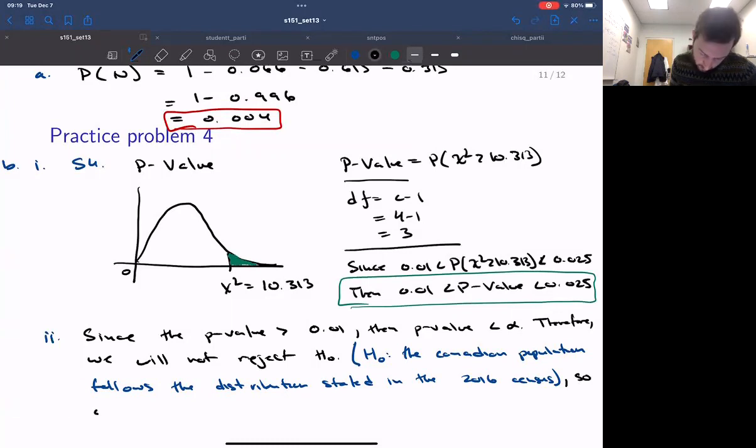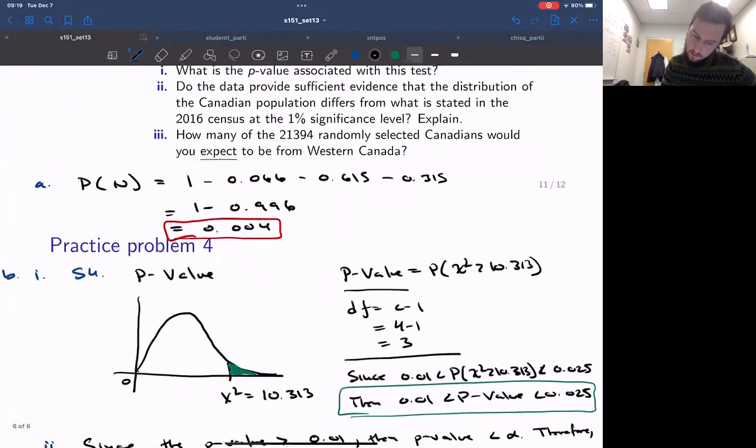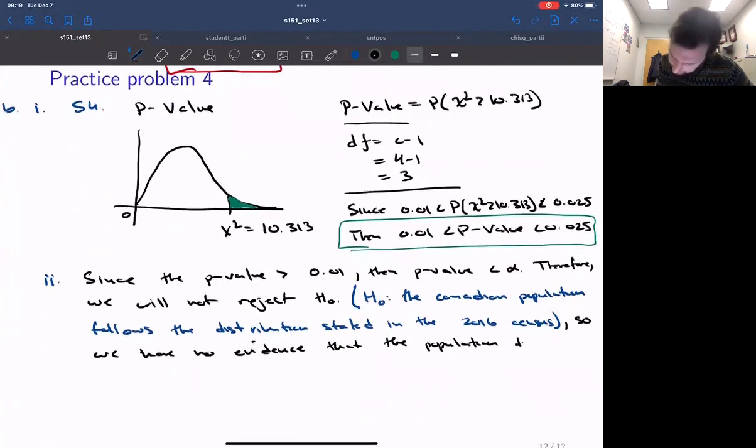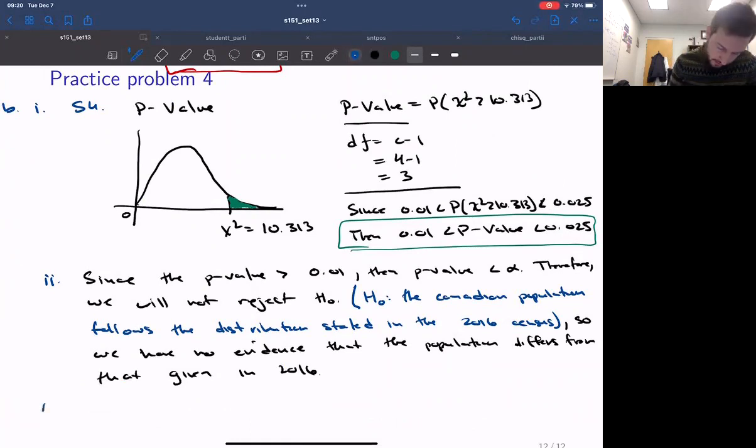So we have no evidence that the population differs from that given in 2016. Okay, sorry, I'm just going to finish it up and then I'll take questions.